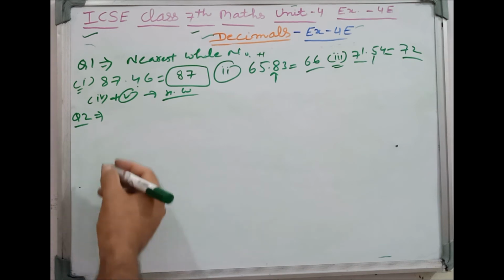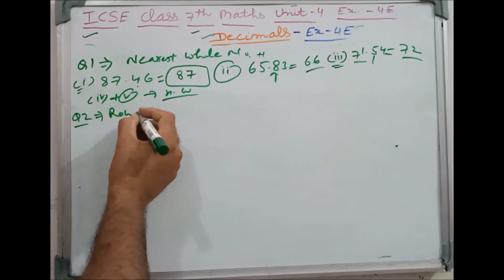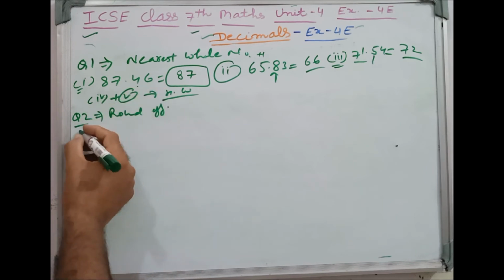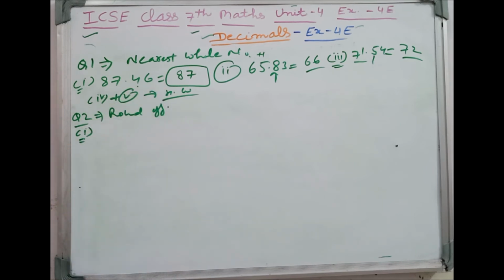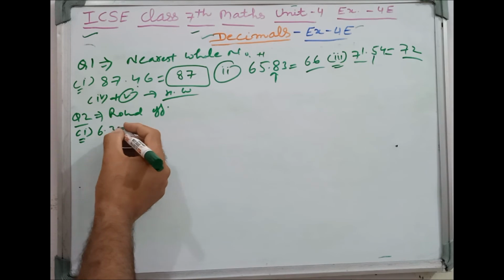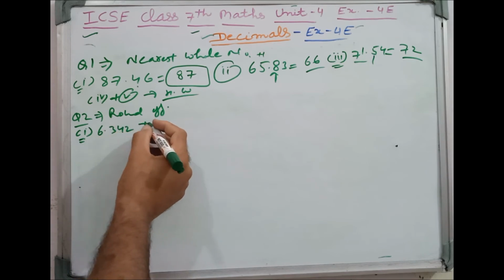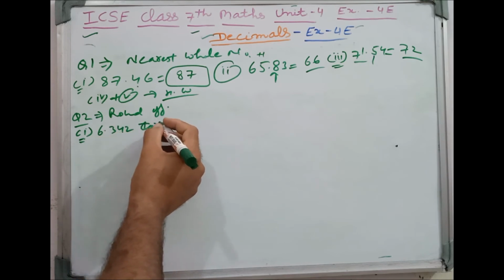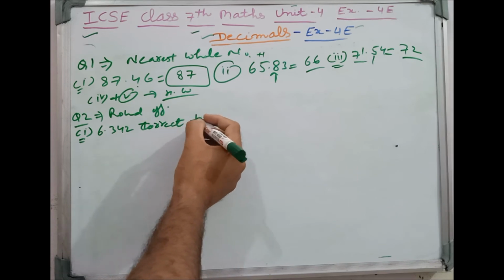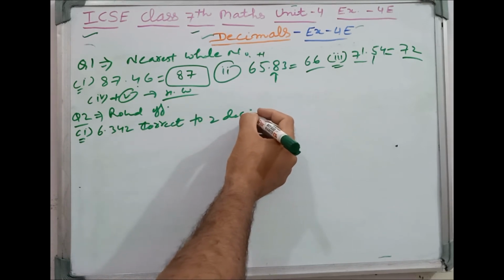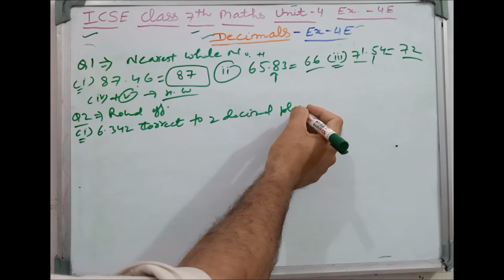Now your second question is to round off numbers. First part is 6.342, correct to 2 decimal places.